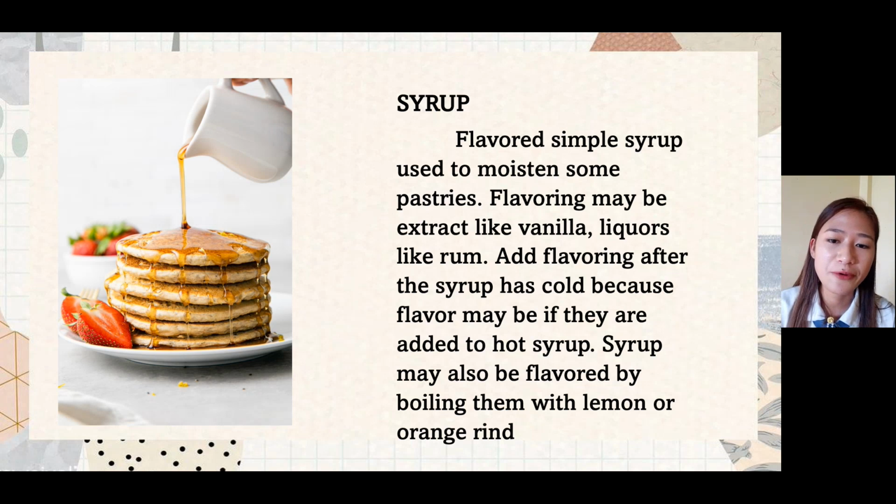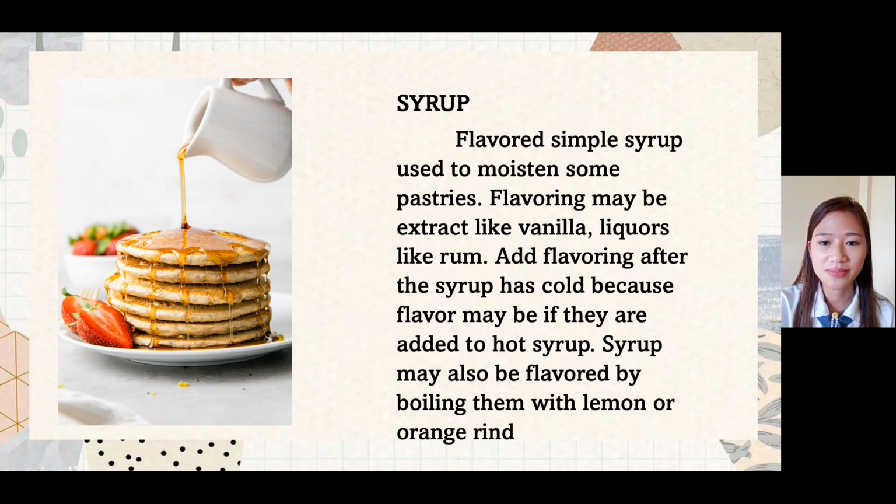Syrup may also be flavored by boiling it with lemon or orange rind. Just like when we eat a pancake, it's more delicious when it has syrup, right? I know you also tried this. If it's not covered with syrup, it's just plain, without anything decorative.